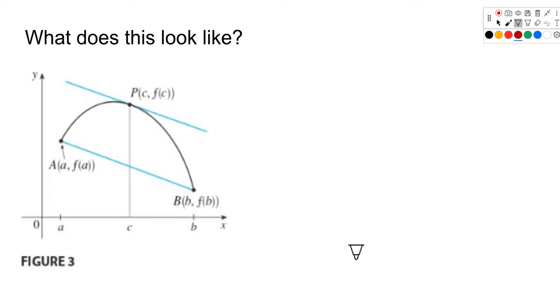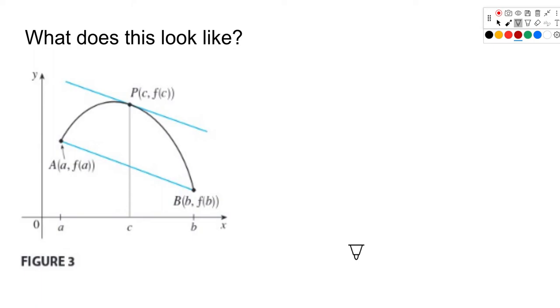We've got two points, A and B. Since it's continuous, you have to go from A to B, and it might be up or it might be down, but you're guaranteed that somewhere along there, and that's not a maximum, you'll get a tangent line that's parallel to the line connecting A and B. The slope of the line through A and B is the average rate of change of the whole function.